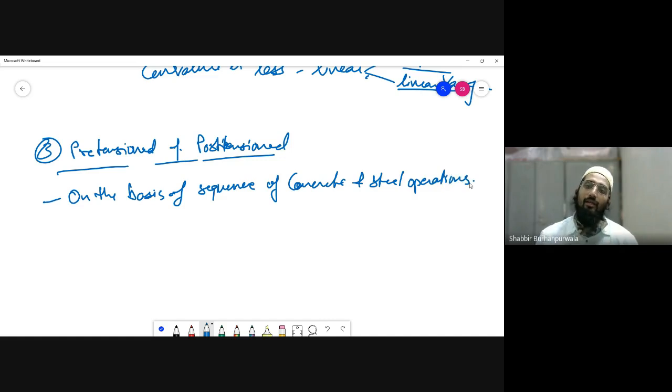operations. अगर आप कंक्रीट पहले कास्ट करते हैं, स्टील बाद में करते हैं, तो पोस्ट टेंशनिंग हो जाएगी. अगर आप स्टील को पहले टेंशन करते हैं और कंक्रीट बाद में कास्ट करते हैं, तो वो प्री टेंशनिंग हो जाएगा. ओके.